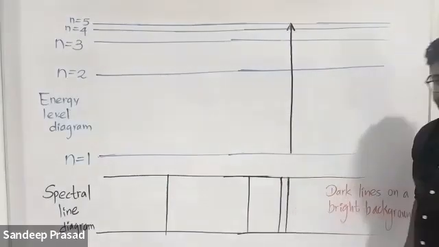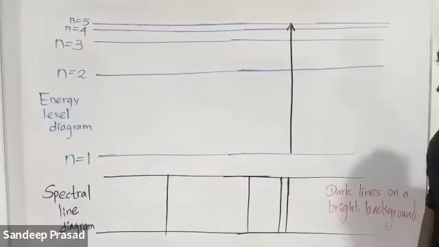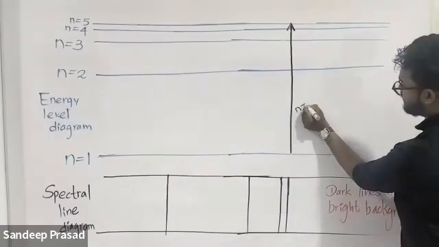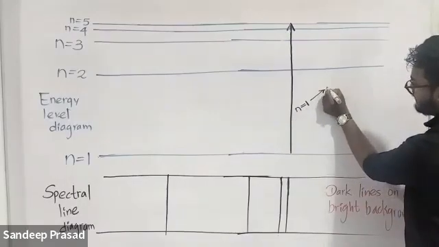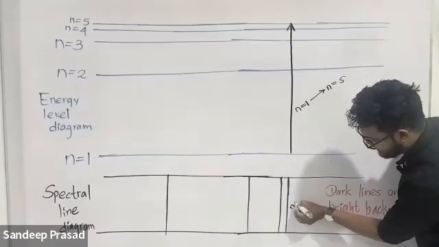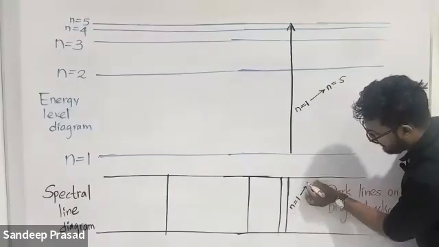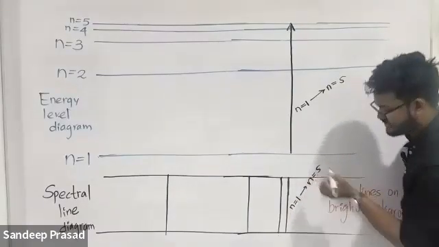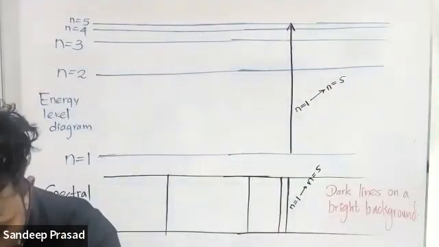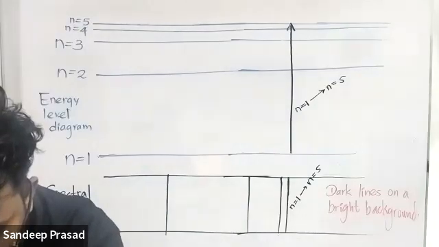Now, remember students, this is the electron transition from n equal 1 to n equal 5. This is the corresponding spectral line, n equal 1 to n equal 5. Can you understand that one?